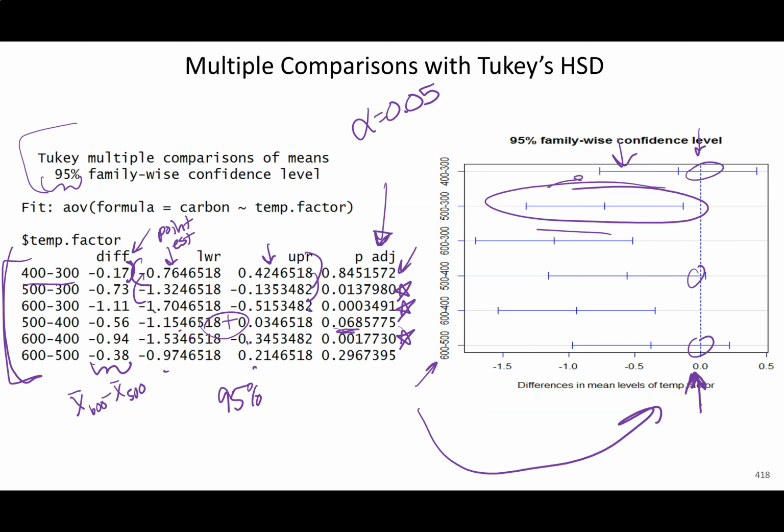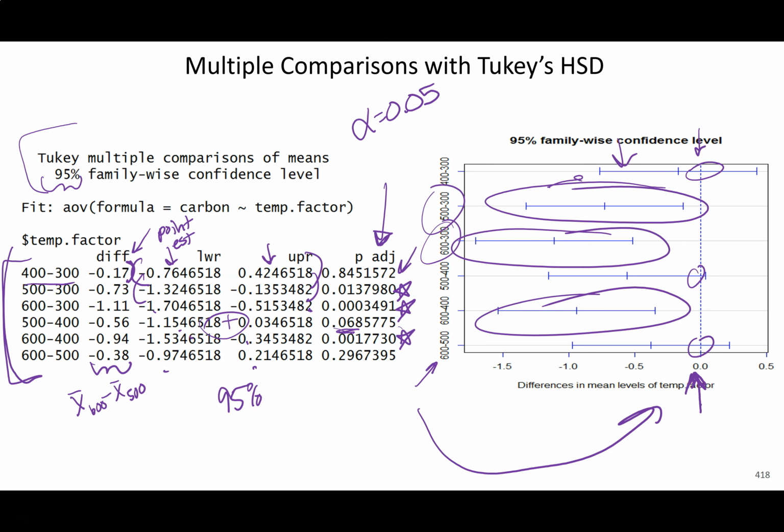But it's these ones that don't cross 0 that we're interested in. It looks like we have strong evidence that 500 and 300, 600 and 300, and 600 and 400 are different. Meanwhile, we don't have evidence that the other pairs are different from each other. It does not mean, careful, we do not have evidence that they are the same.